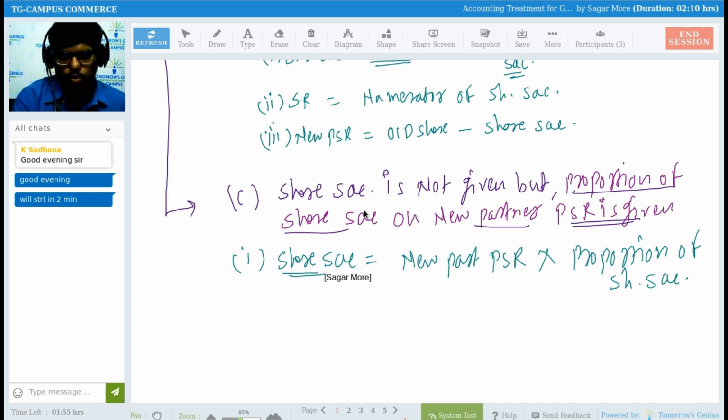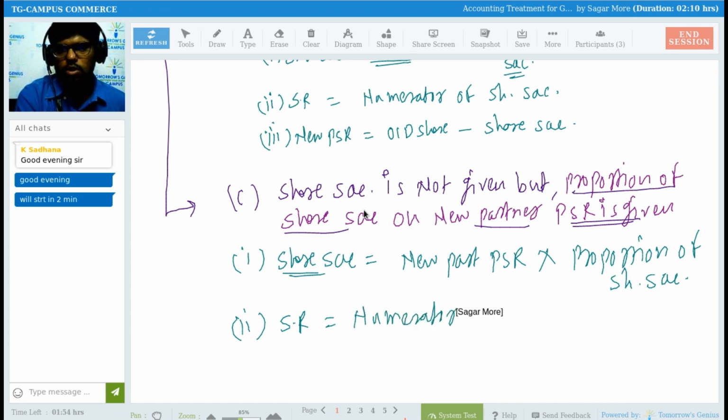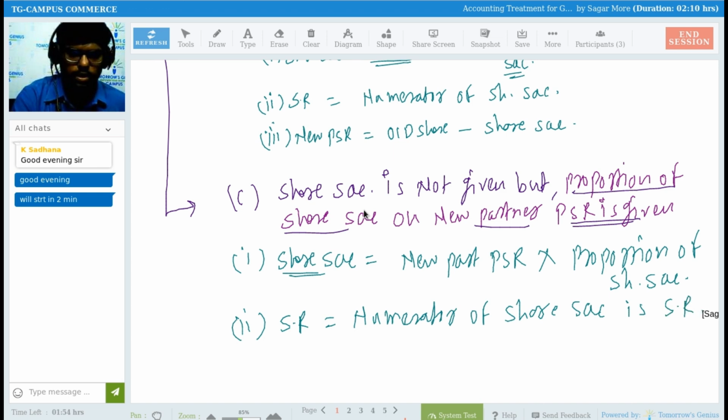By this you can get share sacrifice. Once you know share sacrifice, what is sacrifice ratio? Numerator of share sacrifice is sacrifice ratio, right?